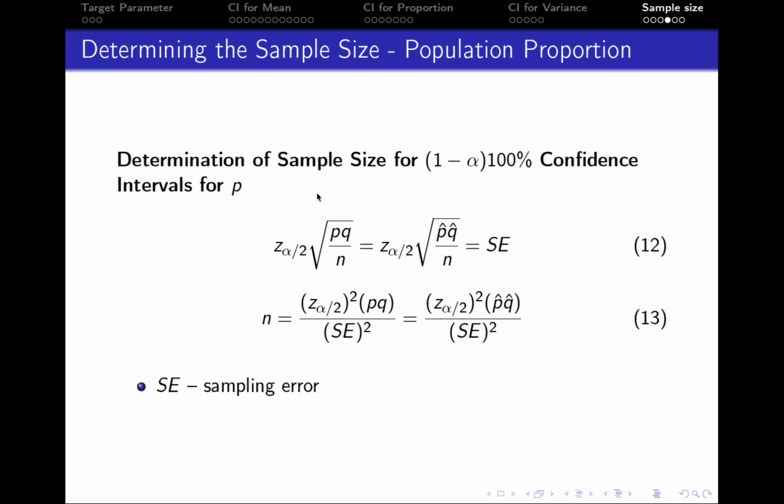After we rearrange this equation, we get an expression for n, which will be squared z-score multiplied by the product of PQ and divided by squared sampling error. As we've already seen, most of the time we don't know the true population proportion, therefore we can approximate it using the sample proportion, so p with the hat.